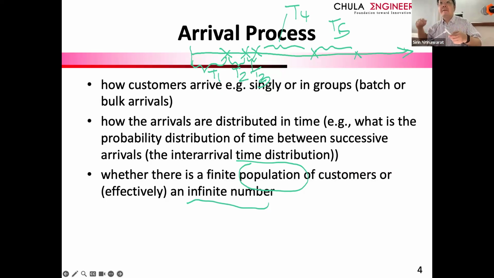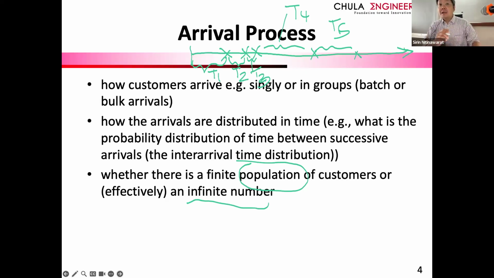Something like a cafe, right? Amazon Cafe. What do you think will be the size of the pool? We don't know for sure, right? But definitely should be no larger than the population of Thailand, let's say, right? Or maybe the population of the world, right? So that's very large compared to the system. Then you can assume it to be infinite, right?